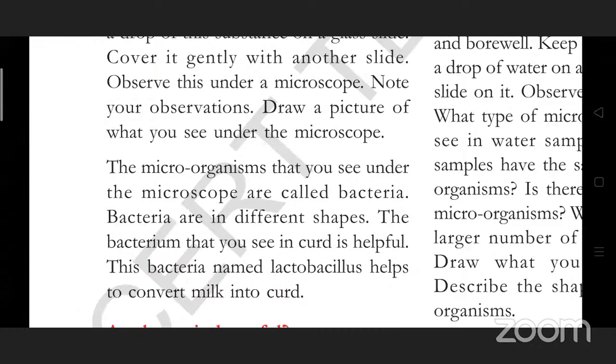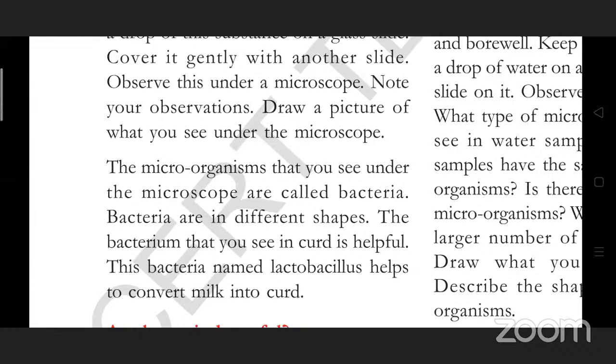Virus is also a microorganism, but we are discussing bacteria, the lactobacillus bacteria, which can turn milk into curd.